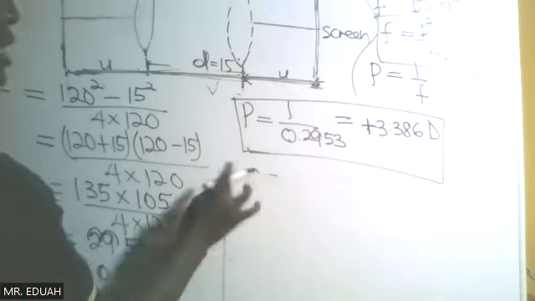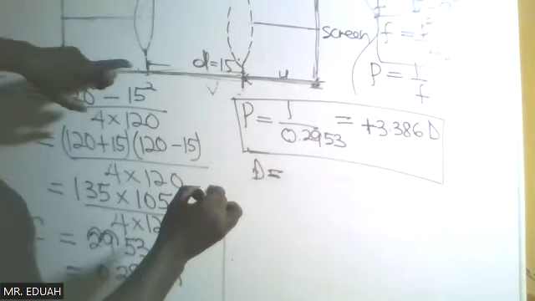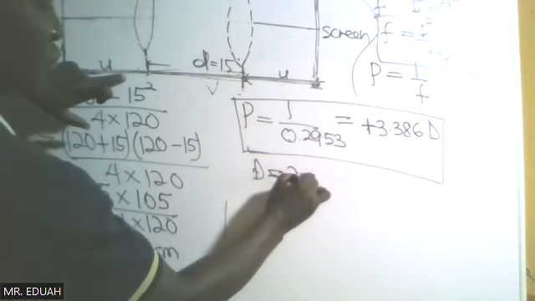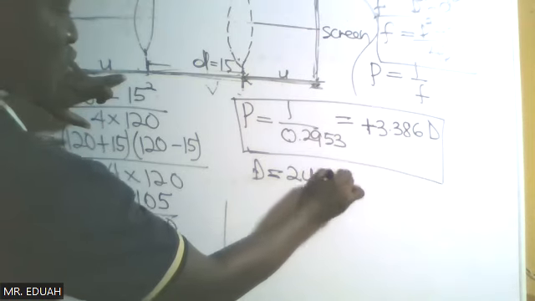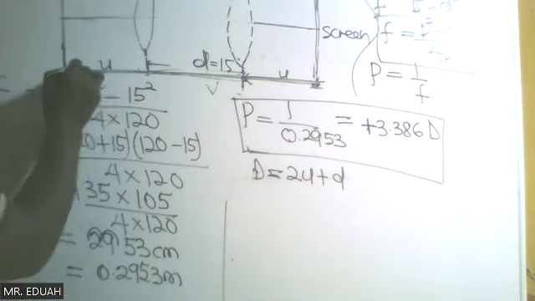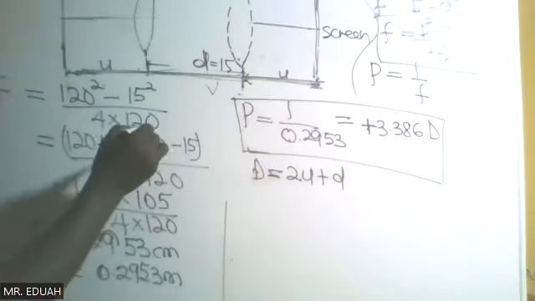So we can deduce that D is equal to 2U plus small d. Look at it. If this is 30, this is 70.